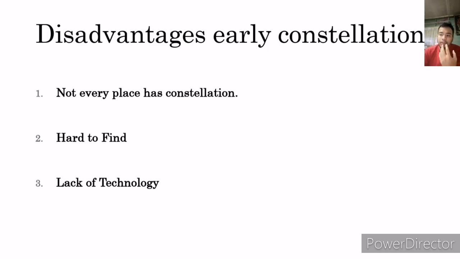This shows that early people could not determine direction using constellations at all places, with regard to navigation or sailing.